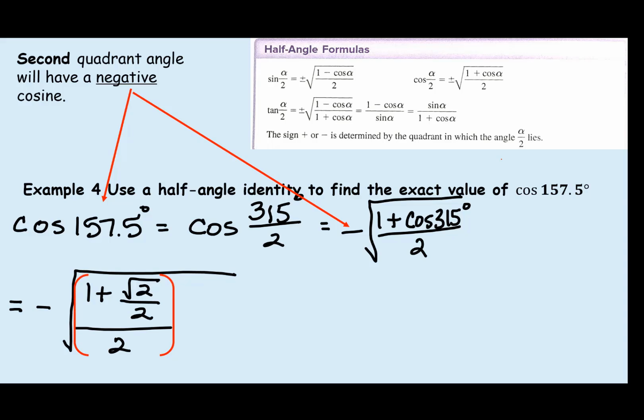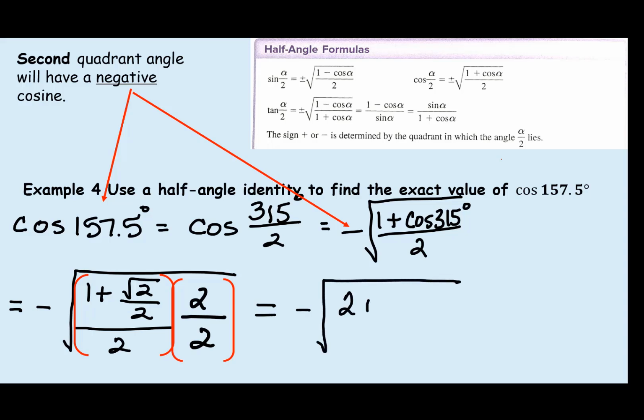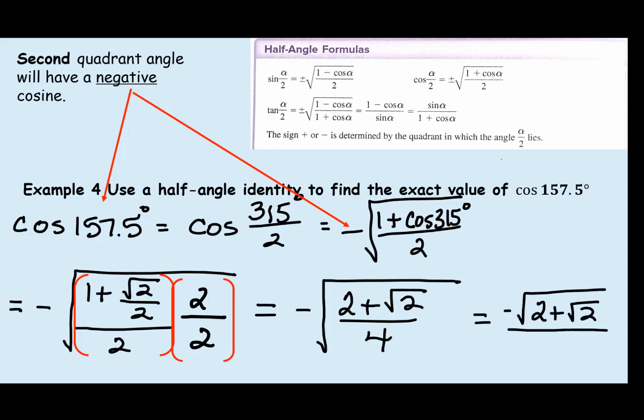And so I'm going to simplify that complex fraction by multiplying it by 2 over 2. So I'll have the negative square root of 2 plus the square root of 2, all over 4. And if I reduce that and rationalize it, I'm going to have negative the square root of 2 plus the square root of 2, over 2. And so that is cosine 157.5.